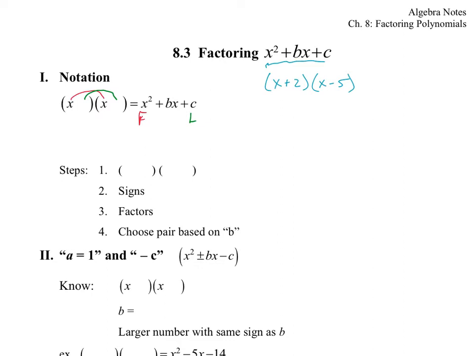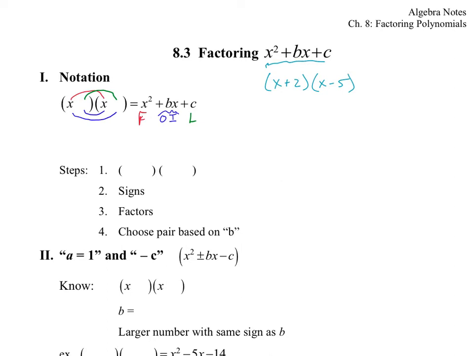Now the middle term always came from the outside and the inside. When we did x times this number on the end, and this number times x, those two together we could combine and get that thing like plus 5x or minus 7x or whatever you have in the middle. And that's going to help us see how we work backwards to get what has to be where.